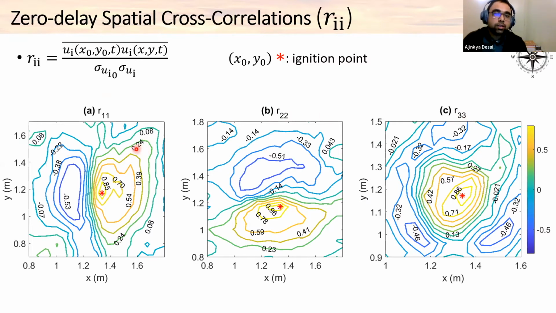Essentially, these are cross correlations of a certain velocity component with the same velocity component at the ignition point. So if you look at the U velocity cross correlations, what you're going to see over here are y directionally elongated structures for the U velocity. And for the V velocity, you're seeing x directionally elongated structures for the V velocity.